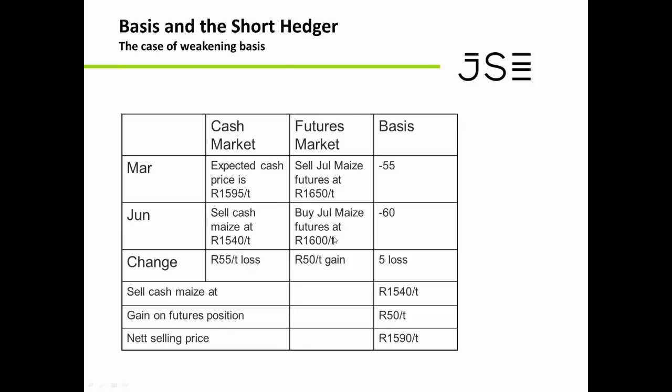It's exactly the same structure, exactly the same position, but simply because the basis moved or weakened further by 5 rand from 55 to 60, that negatively affected the short hedger, where he ended up with 5 rand less in his pocket simply because of the basis risk.